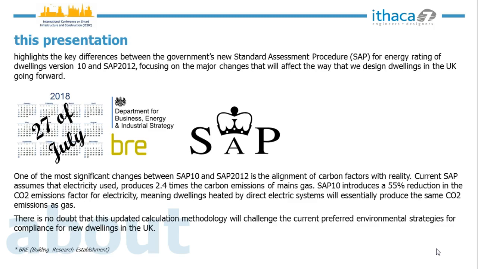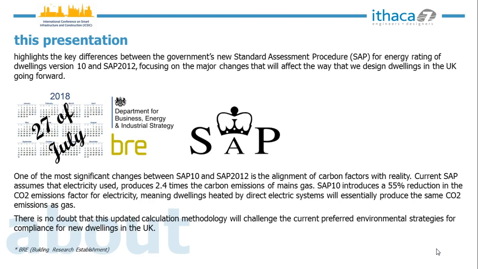So one of the most significant changes between SAP 10 and SAP 2012 is the alignment of the so-called carbon factors with reality. So the gas CO2 factors, how gas compares to electricity.